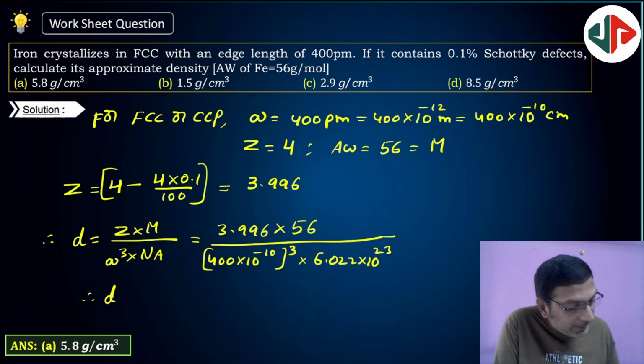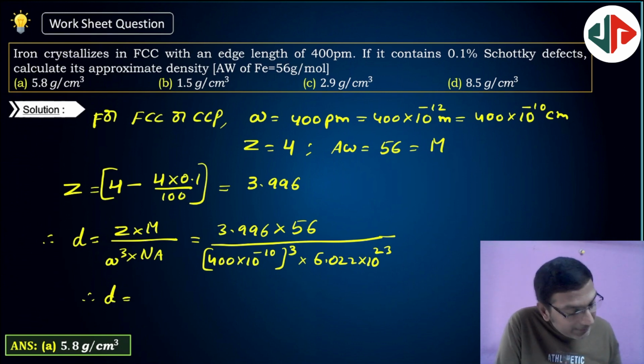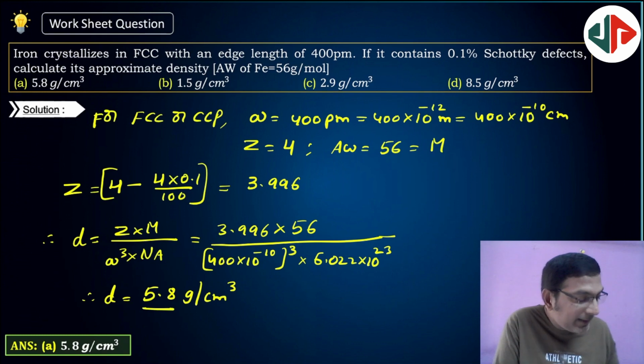So therefore, density will be equal to, by solving, we will get 5.8 grams per centimeter cube. 5.8 is the answer, option A.